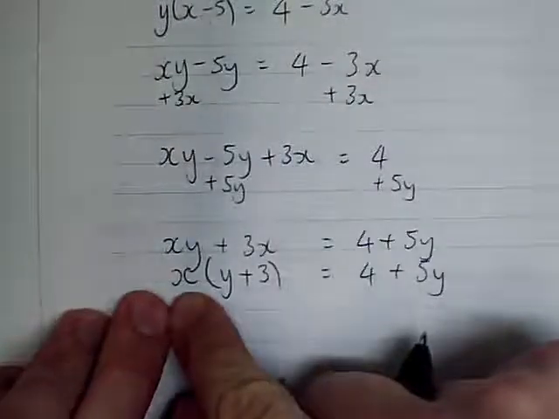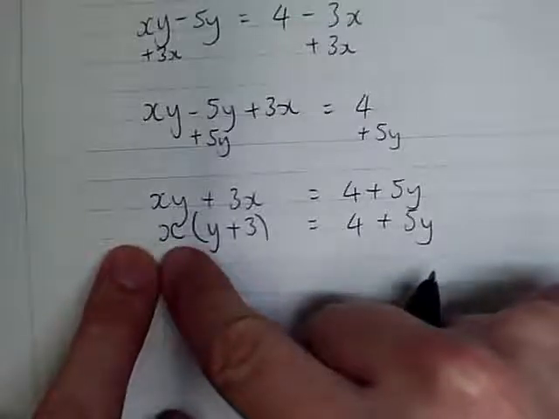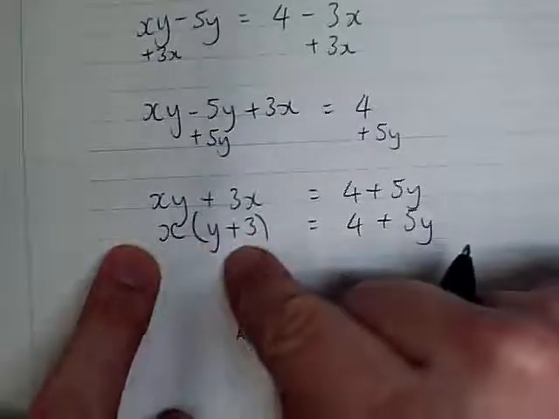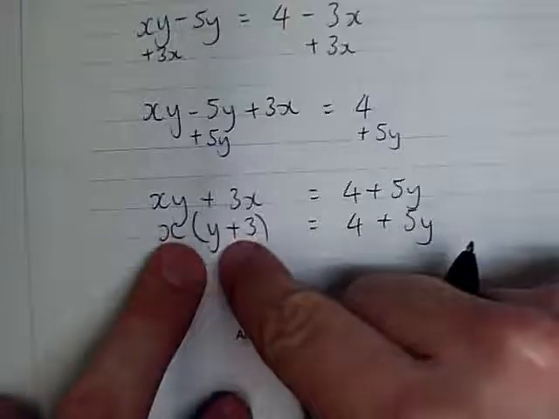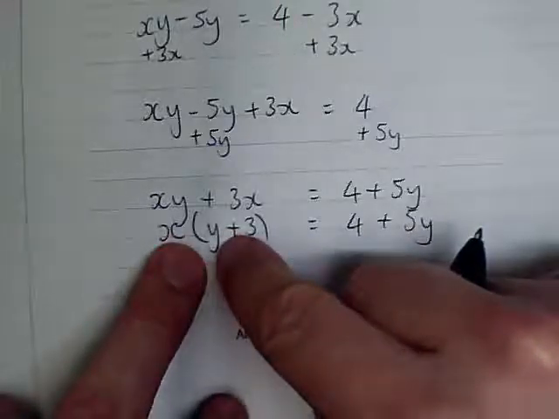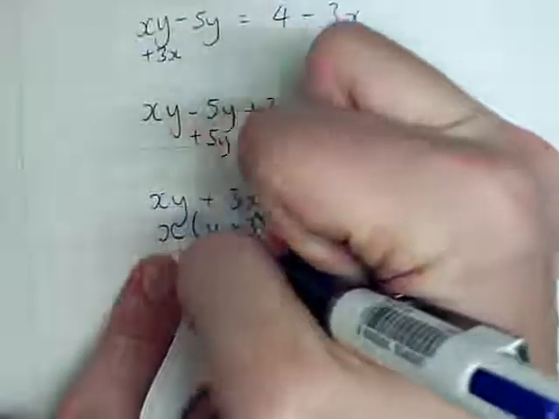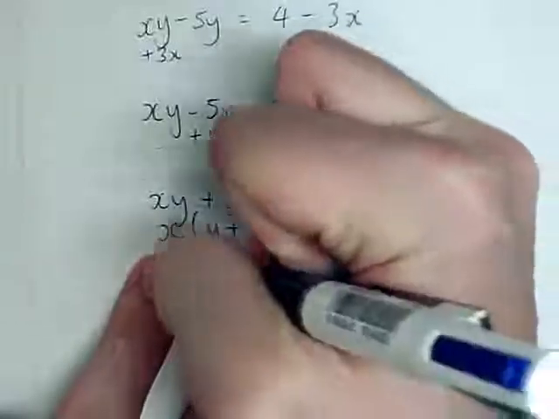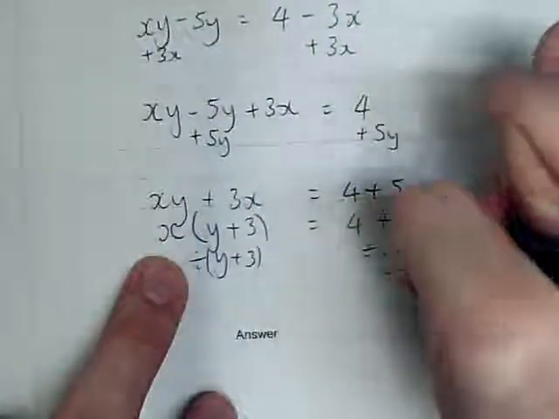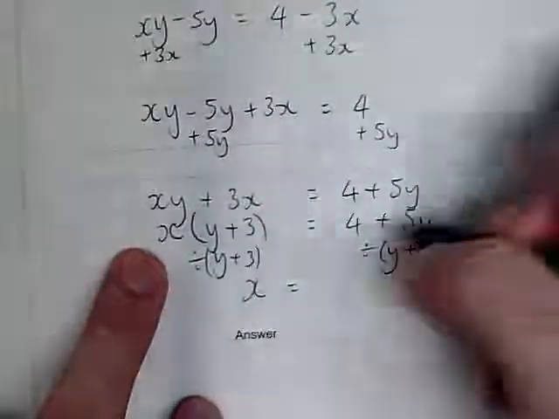And now I can finish my answer because I wanted to say x equals, at the moment I've got this thing attached. Remember, two things next to each other means multiply. So to get rid of this, I need to divide by y plus 3. So if I divide both sides by y plus 3, I then get x on its own.